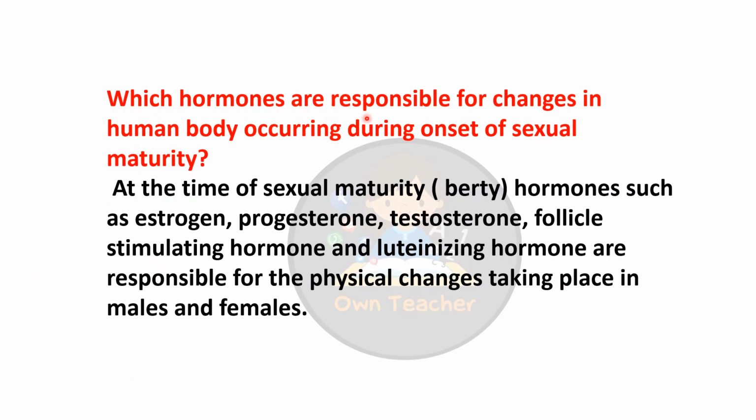Which hormones are responsible for changes in human body occurring during onset of sexual maturity? At the time of sexual maturity, hormones such as estrogen, progesterone, testosterone, follicle stimulating hormone, and luteinizing hormone are responsible for the physical changes taking place in males and females.